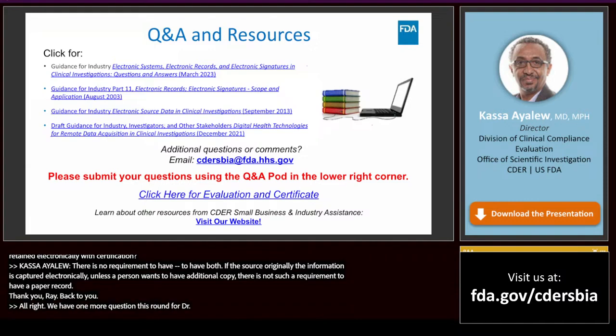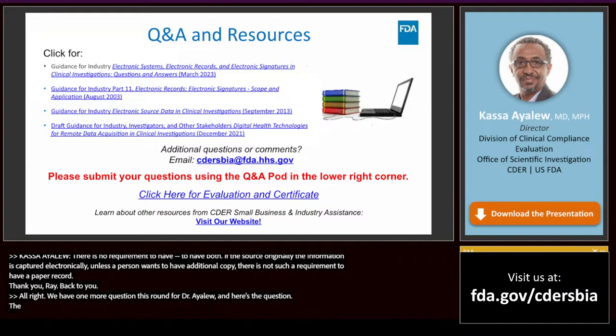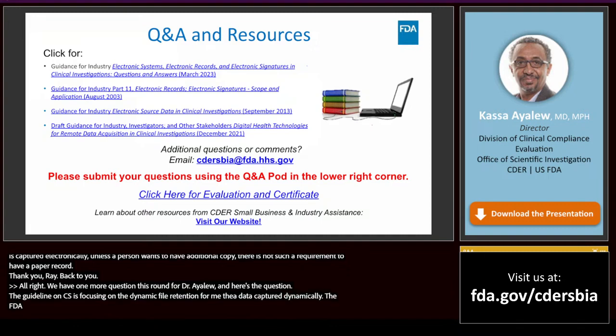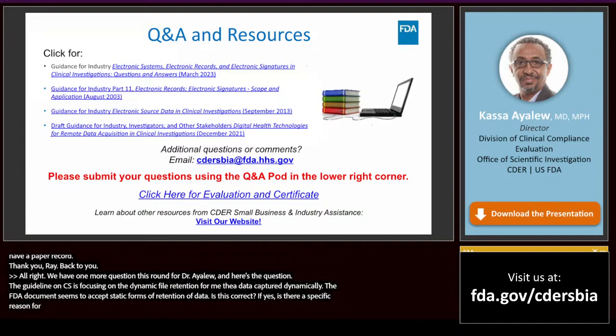The EMA guideline on CS is focusing on the dynamic file retention for metadata captured dynamically. The FDA document seems to accept static forms of retention of data. Is this correct? If yes, is there a specific reason for the different approach? That's correct, and that's also a great question.